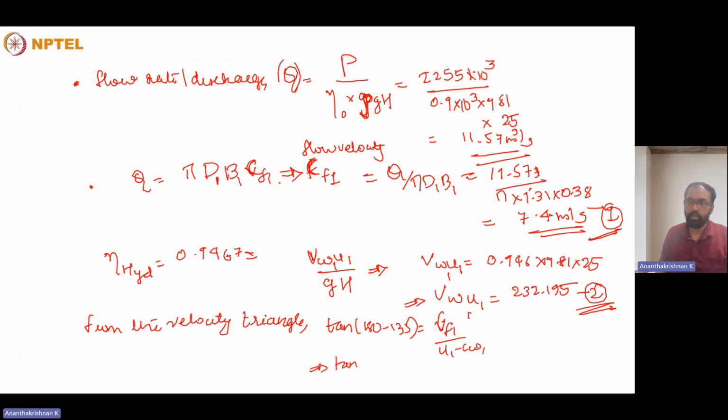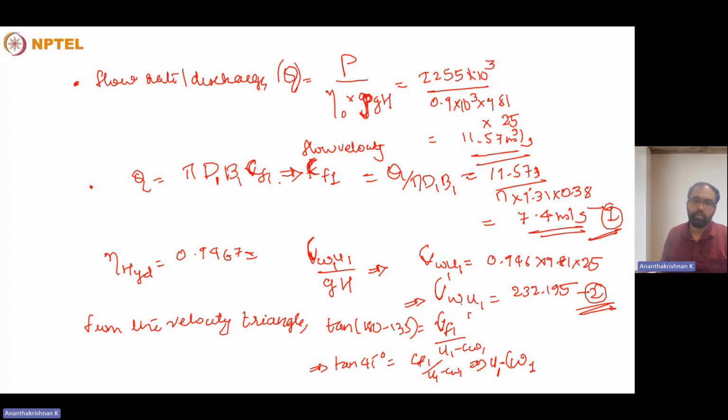So tan 45 is equal to Cf1 divided by U1 minus Cw1. So we will get another equation that connects the blade velocity component and the whirl component of the velocity. I beg your pardon, there was a small correction. This is Cw1, not Vw.